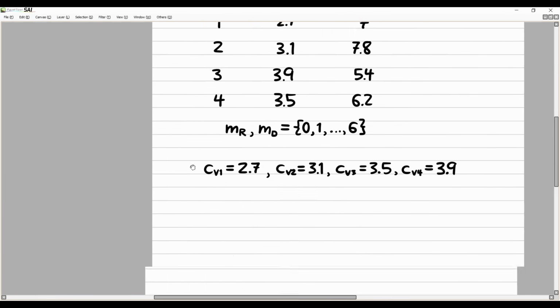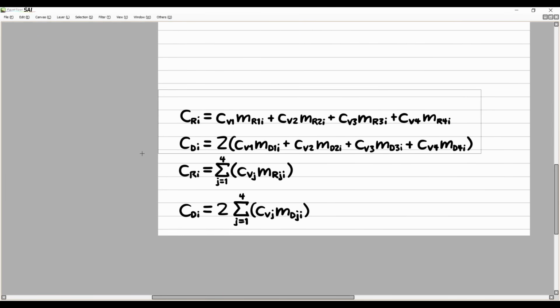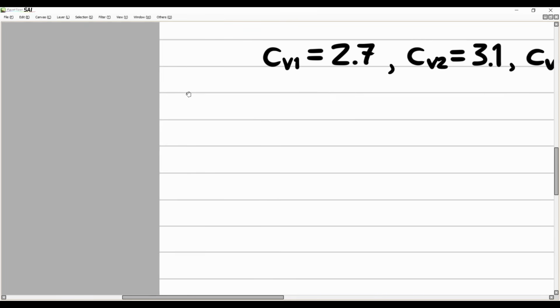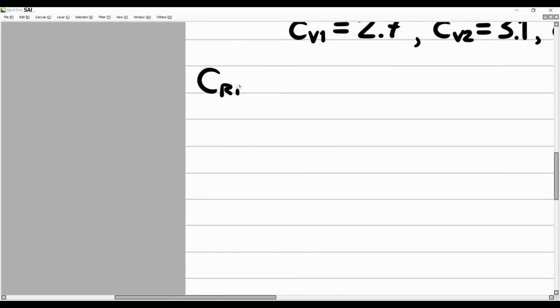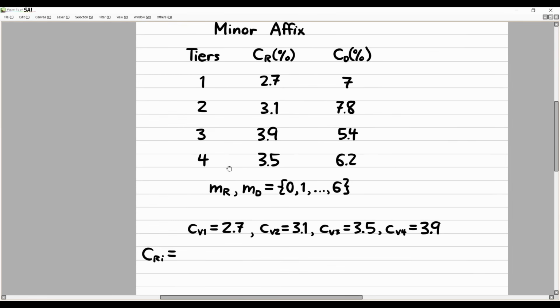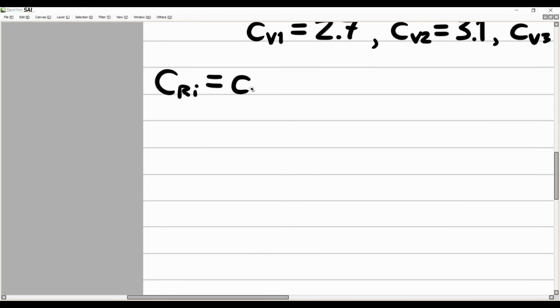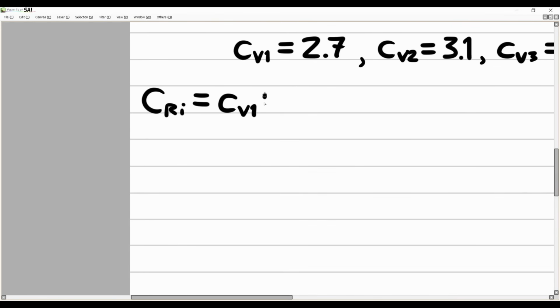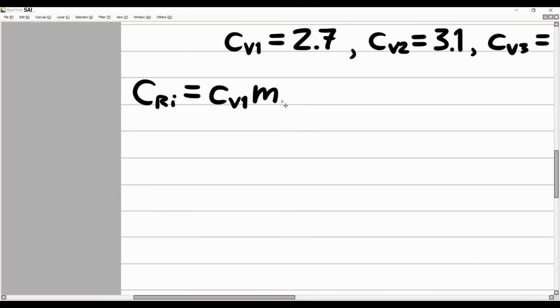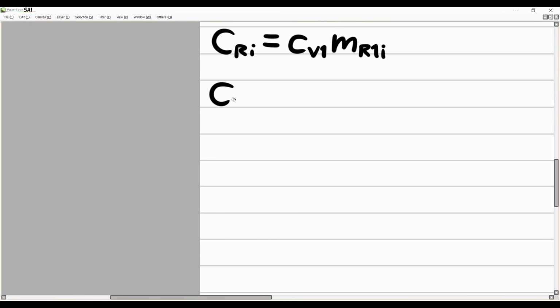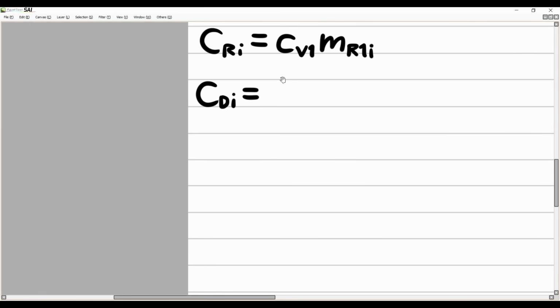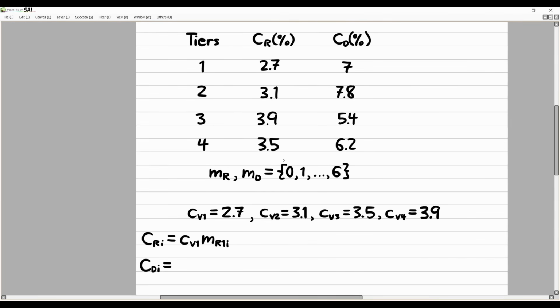So let's write out everything again. We have CRI, and for the first tier it's still going to be CV1. That's nice. Then we have MR1I. Let's do this now with CD. What do we have in tier 1? Well, we have 7.